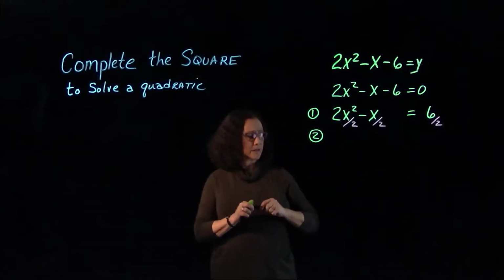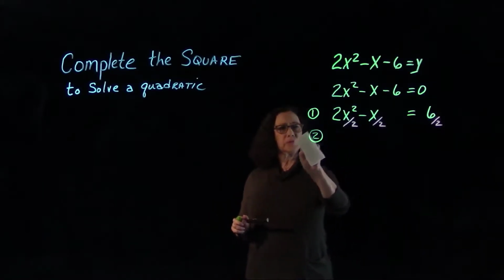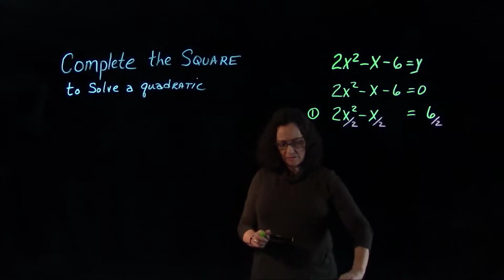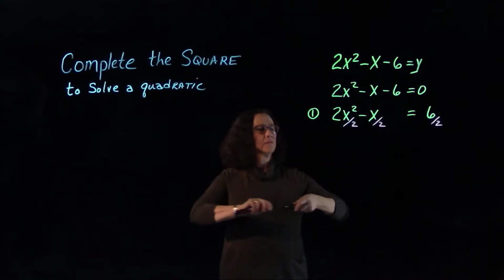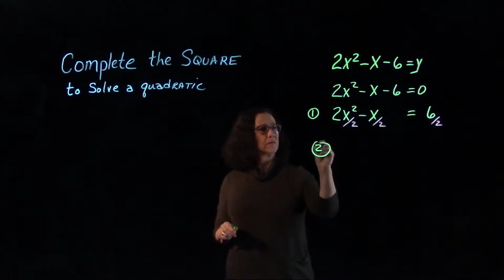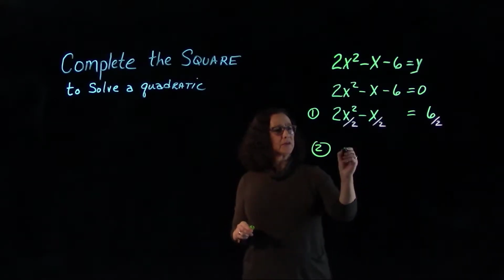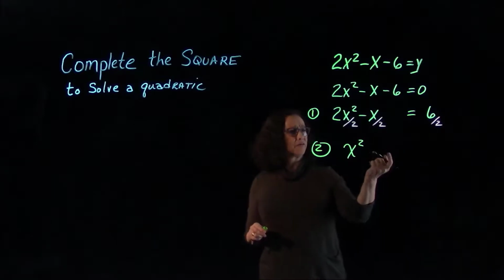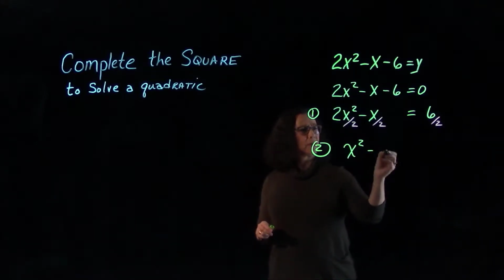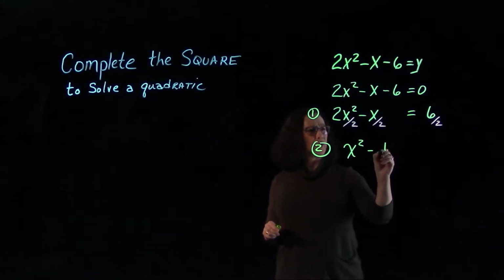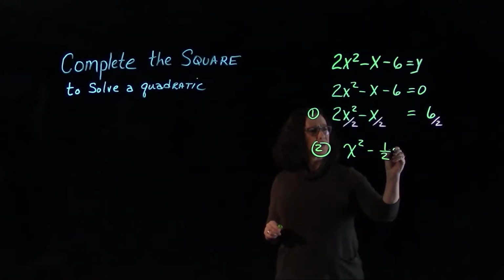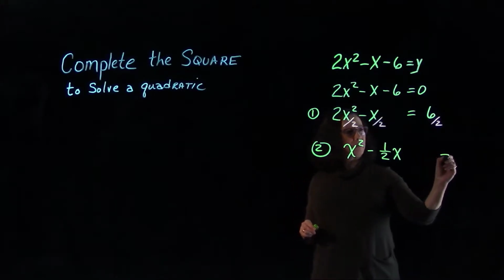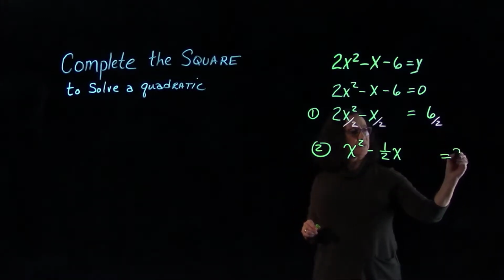And I'm going to rewrite this. Two divides into 2 once, so we're left with an x squared. I'm going to leave this in fraction form. So I have a minus 1 over 2 with an x, and then equals 6 divided by 2, which is 3.